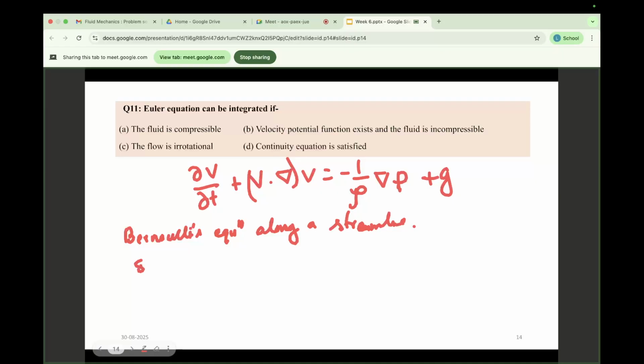If I talk about the steady flow, the first is steady flow. What does that mean? That means this term should be 0. So in this term, it will be 0.